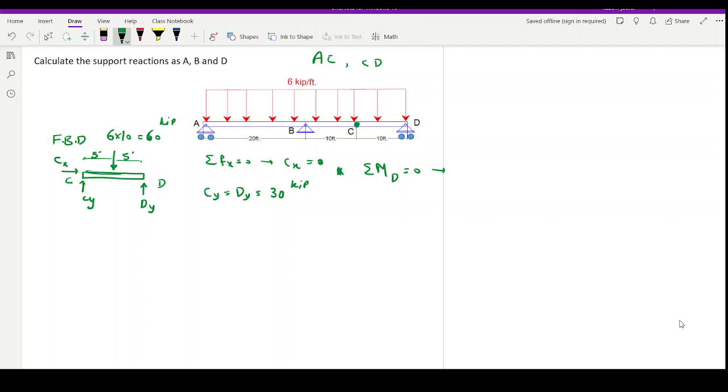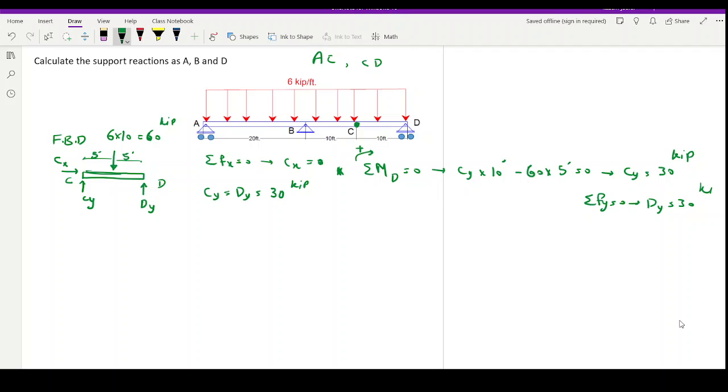From there, assuming that this is my positive direction, it's going to be Cy times 10 feet minus 60 times 5 feet is 0. From there, Cy is going to be 60 times 5 divided by 10, and that's going to be 30 kip. Then, by writing sigma Fy is 0, you can say that Dy is equal to 30 as well.